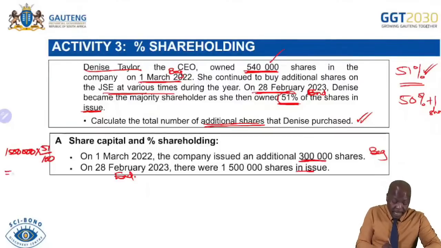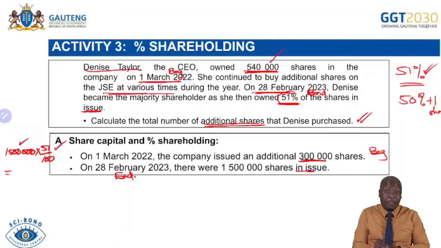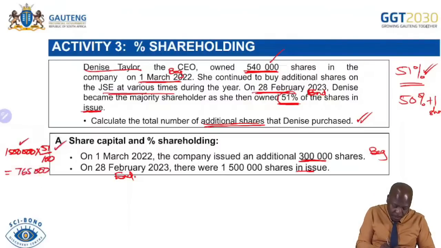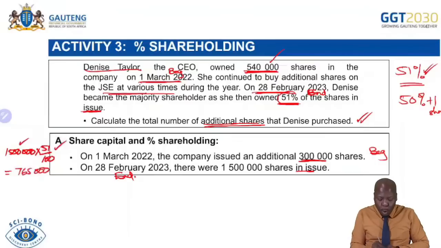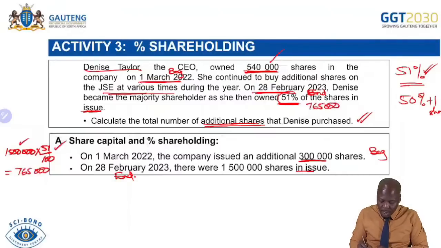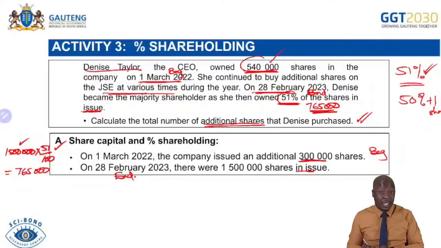Let's quickly punch our calculators. We're saying 1.5 million, multiply that by 51%. That is going to give us 765,000 shares. That simply means on the 28th of February, on the last day, Denise is holding 765,000 shares.